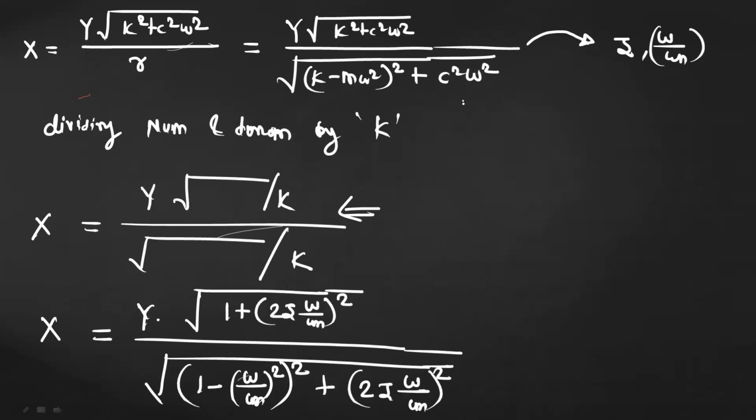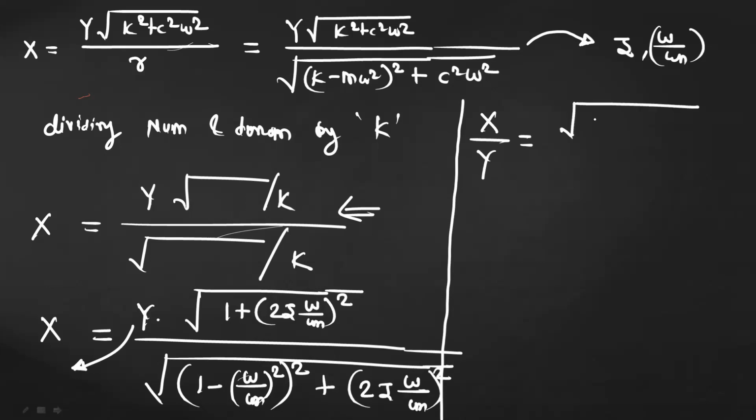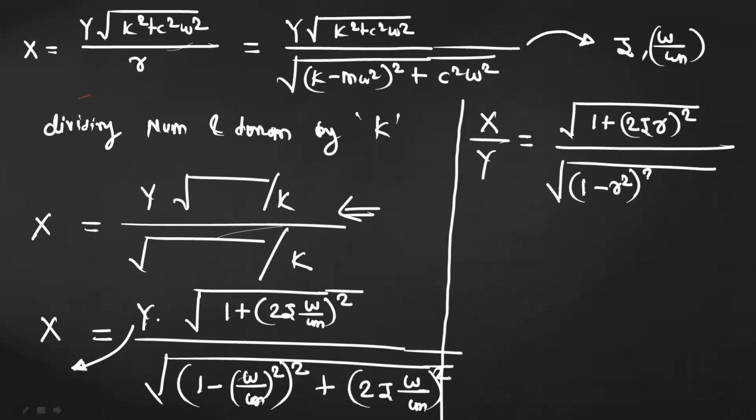And from this equation, just take this Y on the left hand side. So we will get X upon capital Y equal to the square root of 1 plus (2 zeta r) square, where we take omega upon omega n as r, this is the frequency ratio, upon the square root of (1 minus r square) bracket square plus (2 zeta r) bracket square. Okay. So this is the final equation for the motion transmissibility.